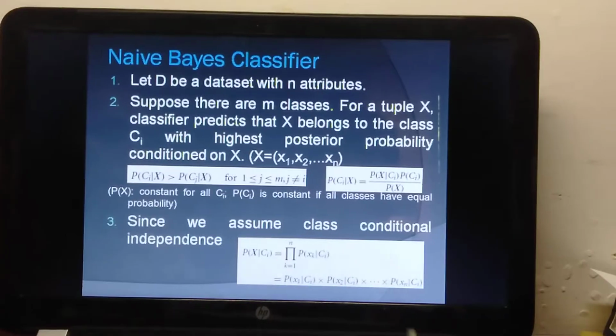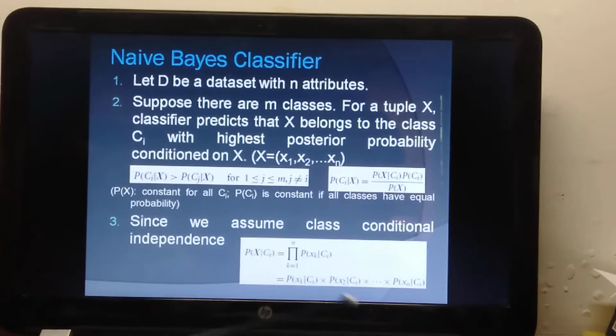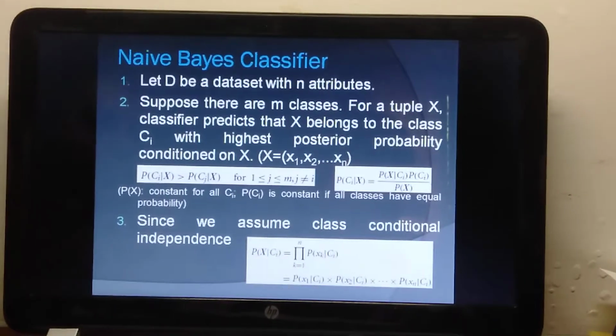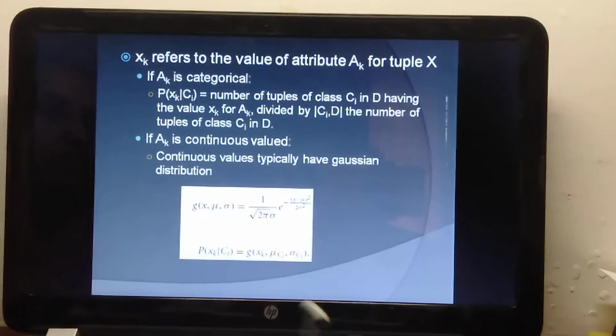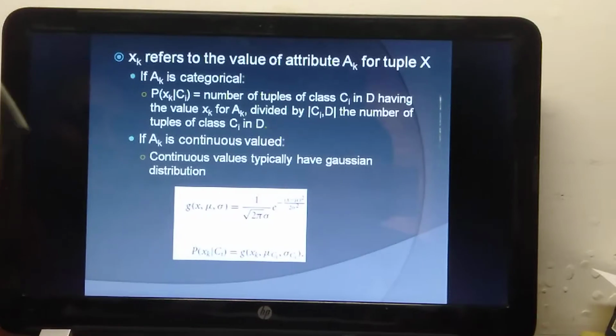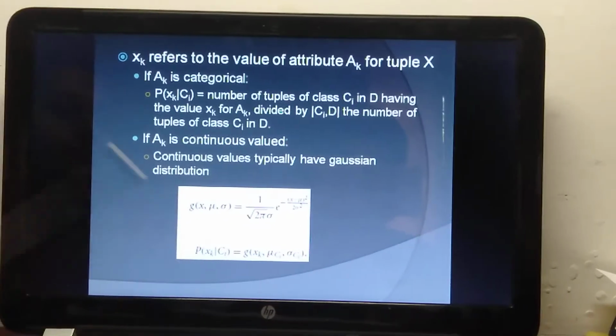I'll do that for both the classes, yes and no, and whichever is greater, that is my answer. This is the Bayes classification theorem.